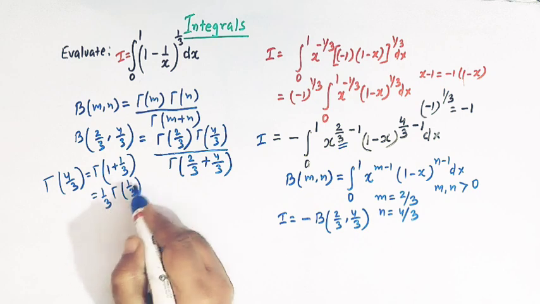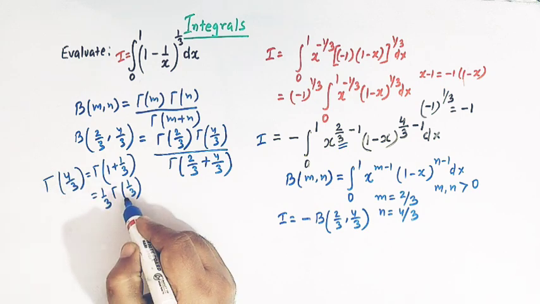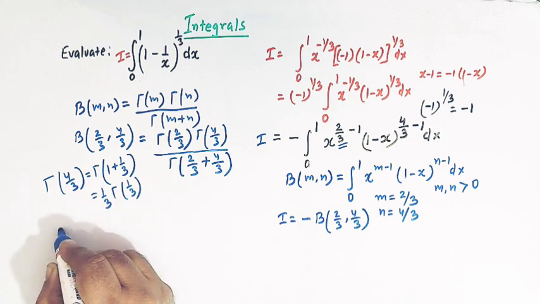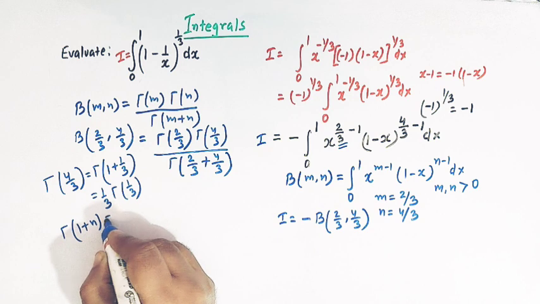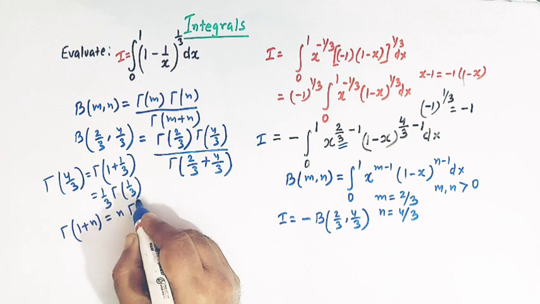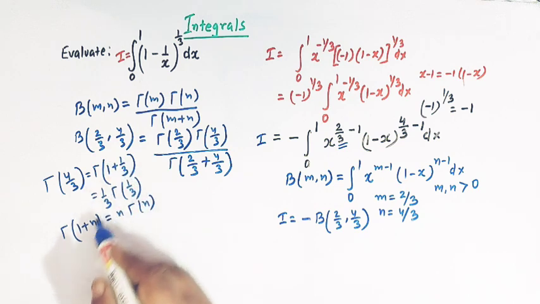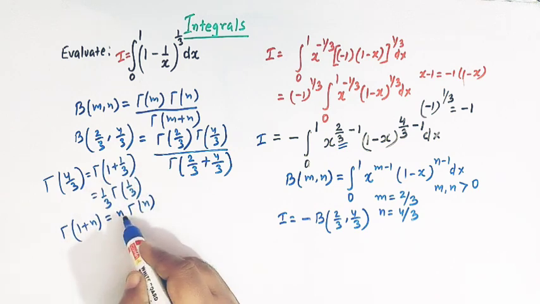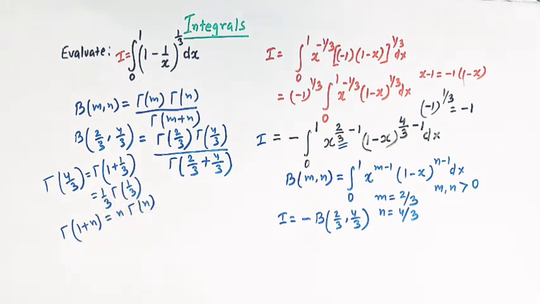So we have written this value of gamma of 4 by 3 like this by using this relation, that is gamma of 1 plus n is equal to n times gamma of n, right? So n is 1 over 3. So 1 plus 1 over 3 is 1 over 3 gamma of 1 over 3, right?